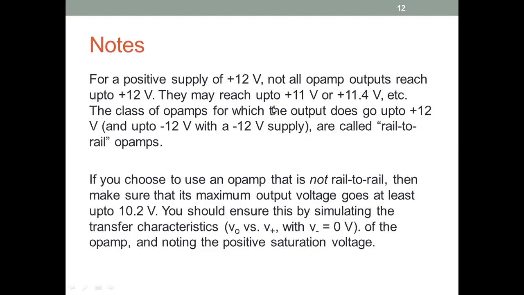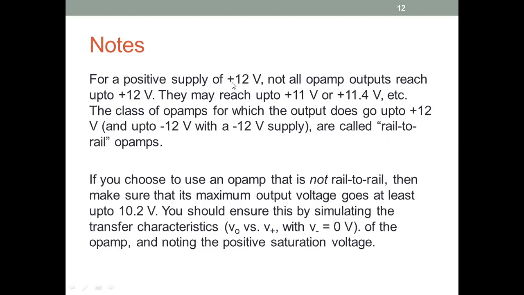There is a class of op-amps called rail-to-rail amplifiers. And as soon as you see the word rail-to-rail, it implies that when you have a supply of plus 12 volts to the op-amp, the output will go up to plus 12 volts.